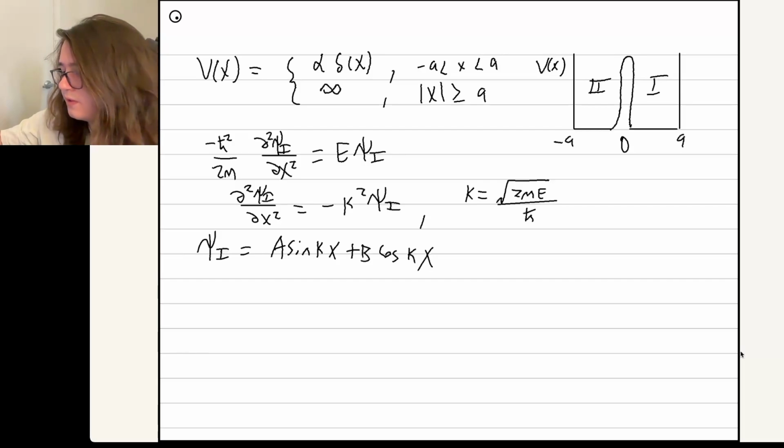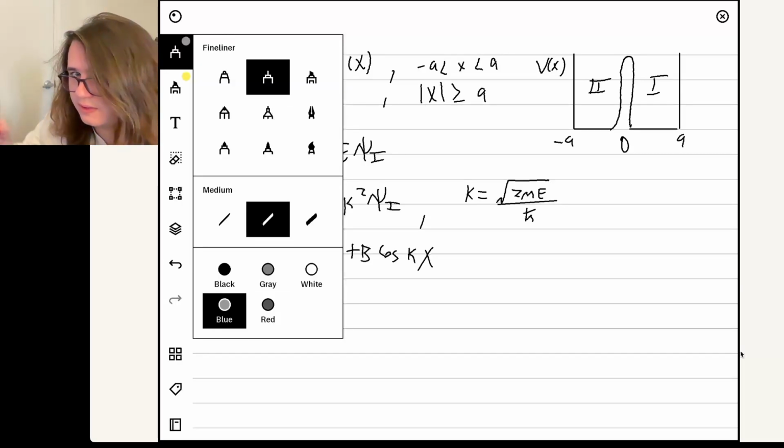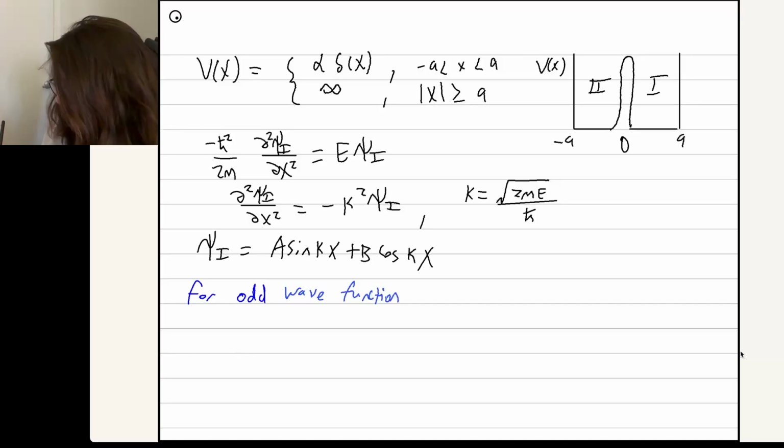But now we're going to start talking about the odd wave function first, because I think it's a little bit simpler. For an odd wave function, we have the constraint that psi of minus x has to be equal to minus psi of x.